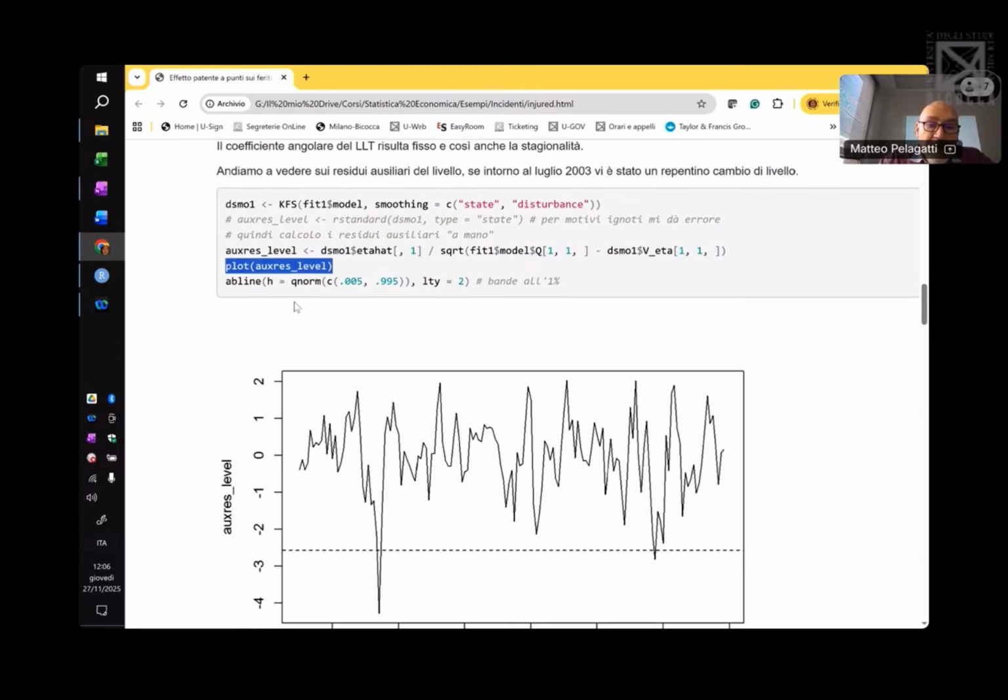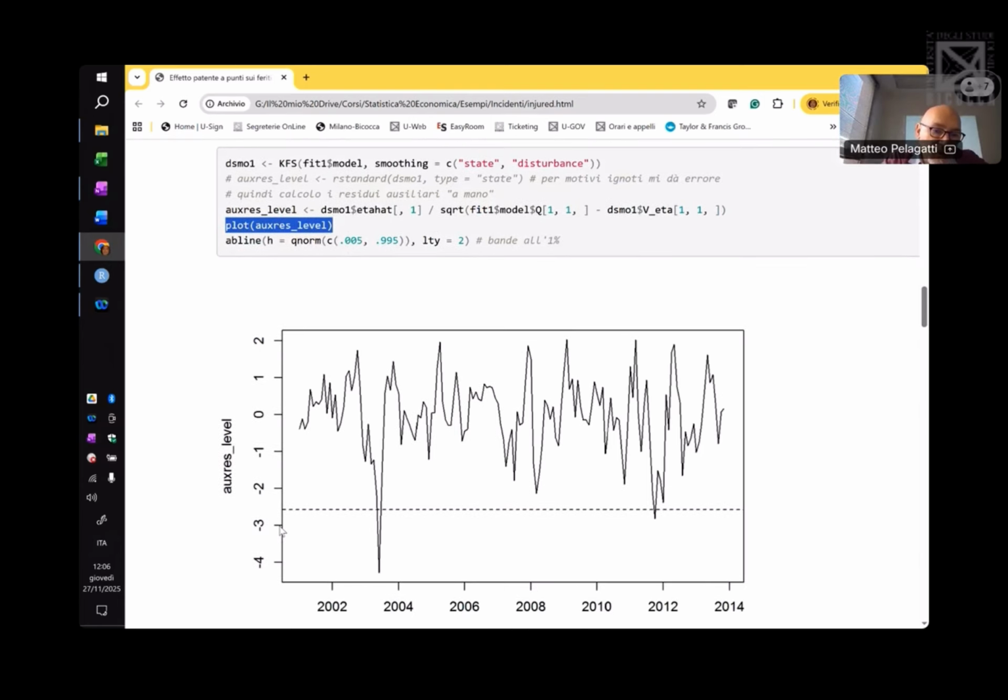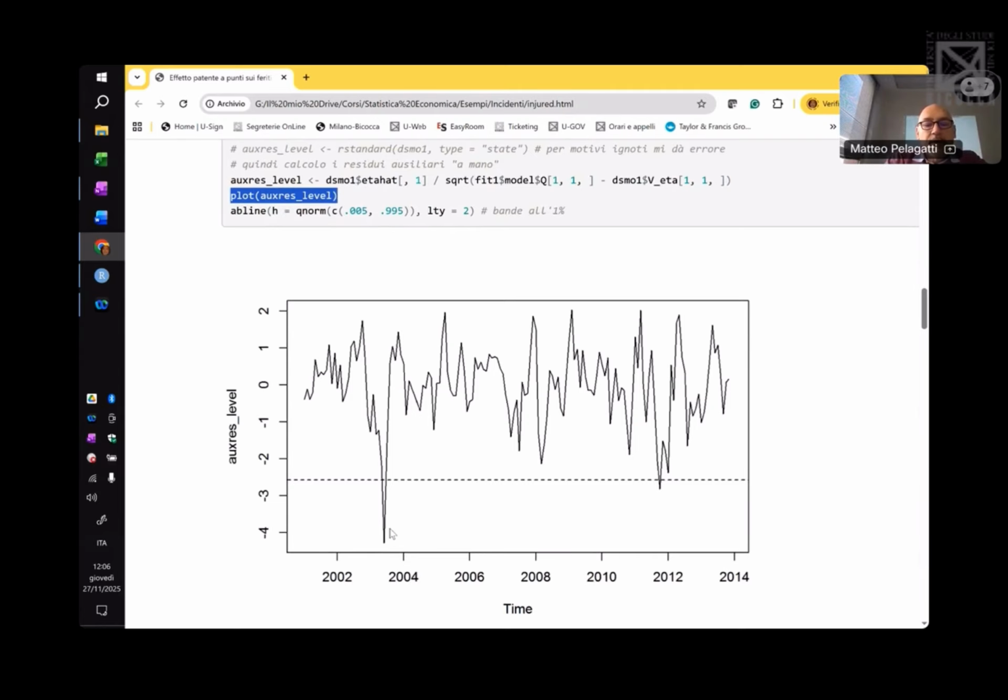Here I'm using a 1% alpha to build this confidence interval. So it's not 3, I put it between 2 and 3. Probably this is minus 2.57. But even if you put it at 3 as we did, at 3 we find just one jump here.